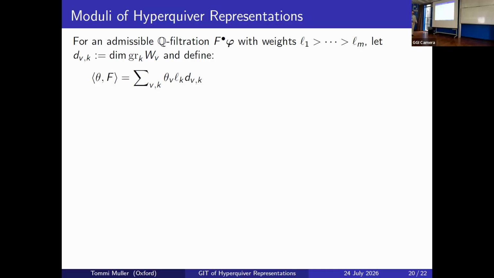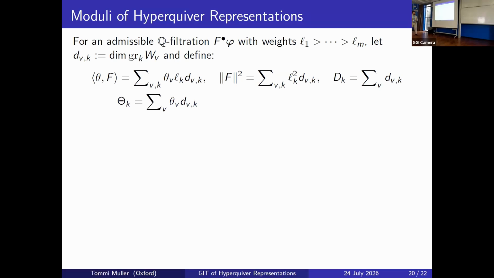The filtration F is represented by the one parameter subgroup lambda. So we define the pairing of theta with lambda as this. The norm of lambda squared is what you expect. d_k is the sum of the dimensions of the weight space K over all of the vertices.